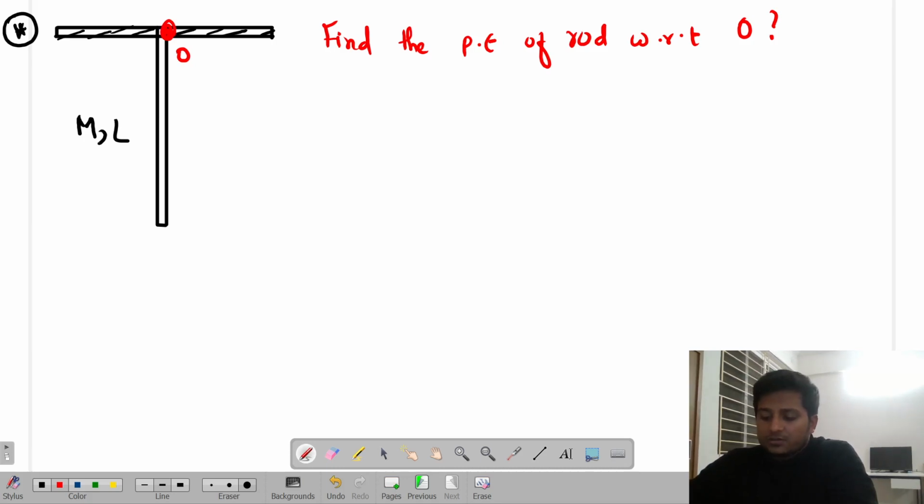It's easy peasy, man. You can use conservative force, no problem with that, yes. Rod is hanging, so that means what will happen? Kinetic energies are zero, yes, correct.